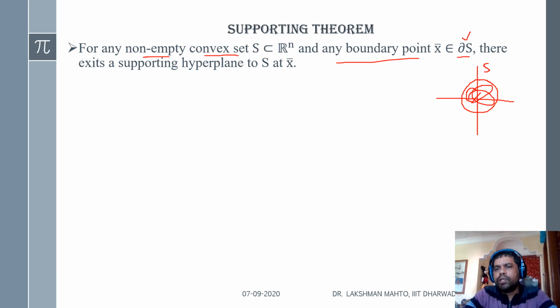This one is a disk. If I ask what is the equation of this disk in algebraic form, you can write it. It is a unit disk, so you can call it the set of all two-dimensional points x such that norm of x is less than or equal to 1.